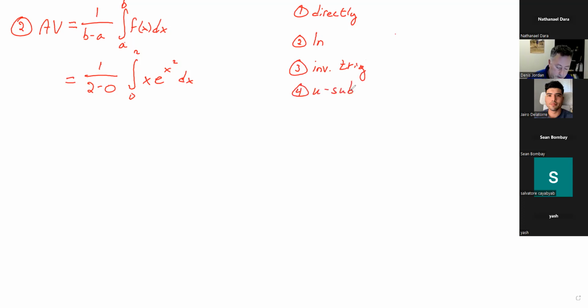And the fourth is a u sub. It doesn't have to be in this order. So you can't integrate it directly. It's not an ln because there's no denominator. It's not an inverse trig for the same reason. So u sub is the one to go with.